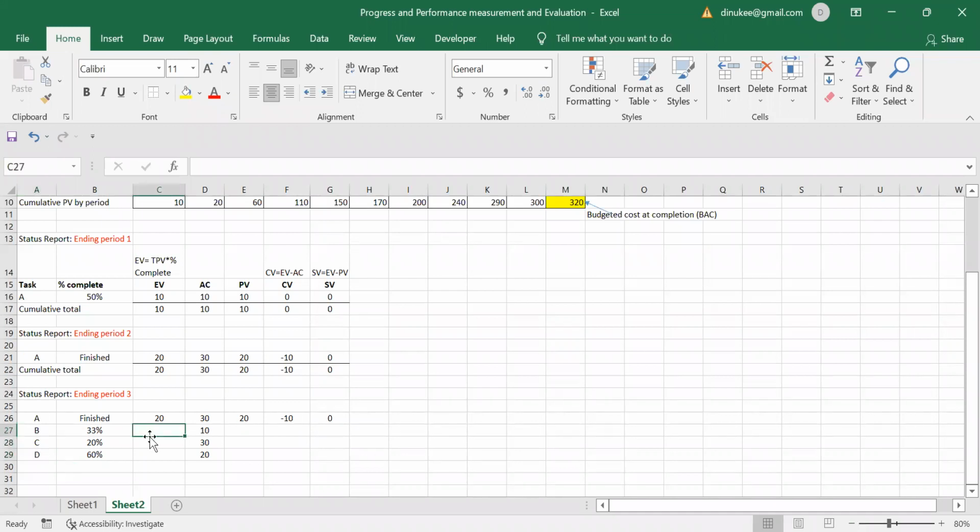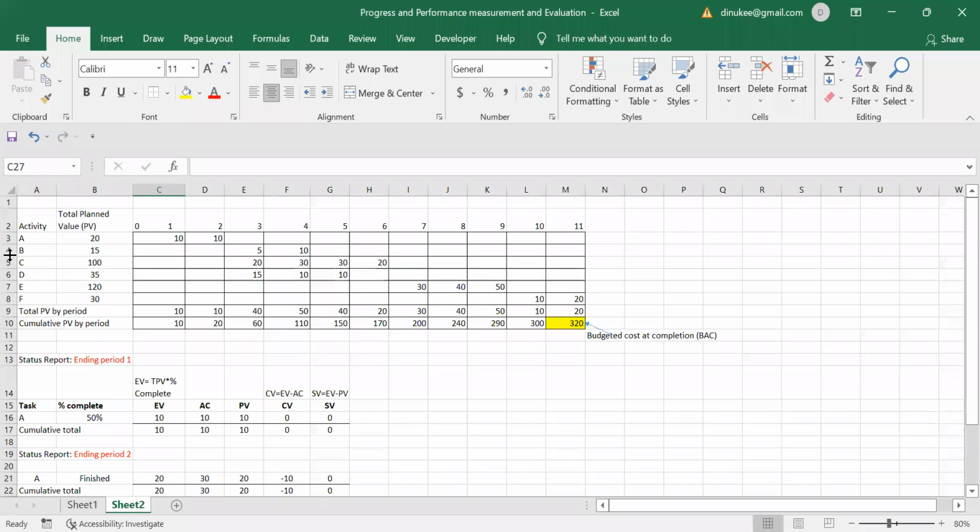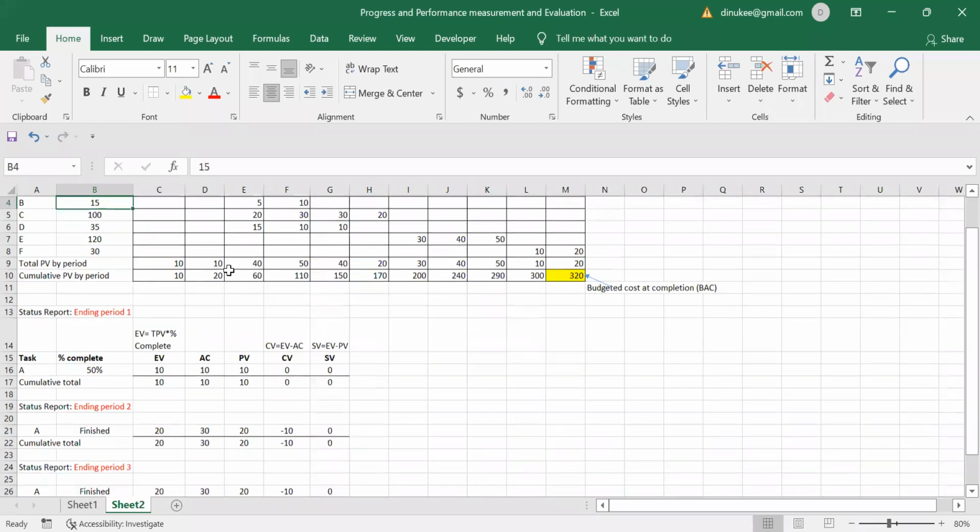I will calculate activity B and show you. After that, you calculate C and D and tell me. Right? For activity B, it's going to be completed 33%. 33% completed means what? It is actually 1/3. Then first we have to see that the total planned value of activity B is 15, right?